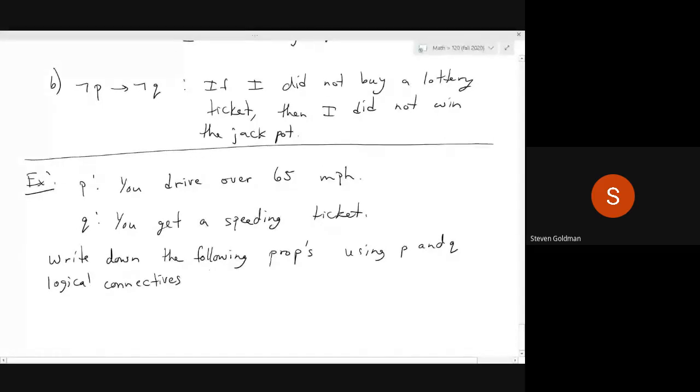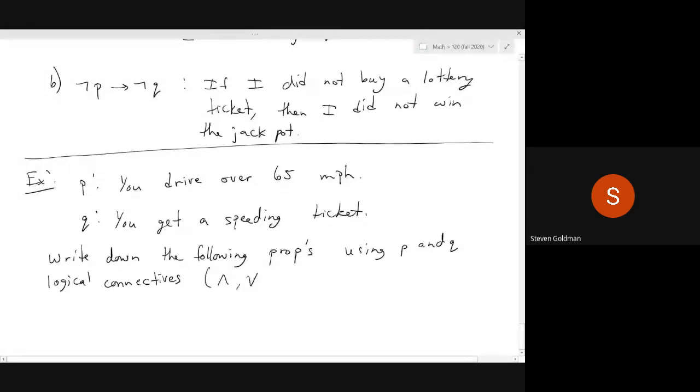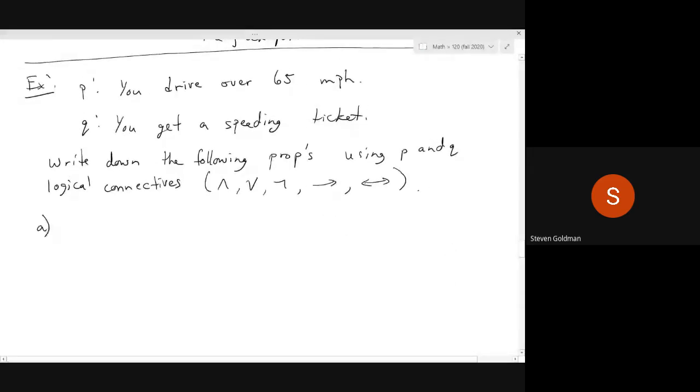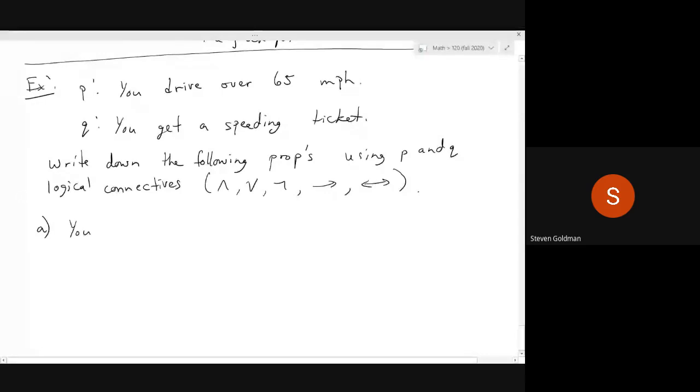By logical connectives, I mean the conjunction, the disjunction symbol, the negation symbol, the conditional statement symbol, and biconditional statement symbol. We're going to use all of those symbols and P and Q to express the following English sentences. The first one is, you don't drive over 65 miles per hour.